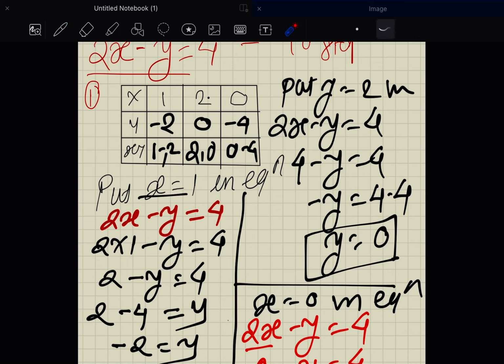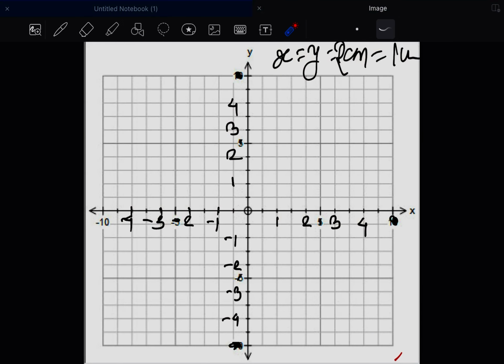First of all, let's see the first point, which is 1, minus 2. 1, minus 2 means here is 1 and here is minus 2.